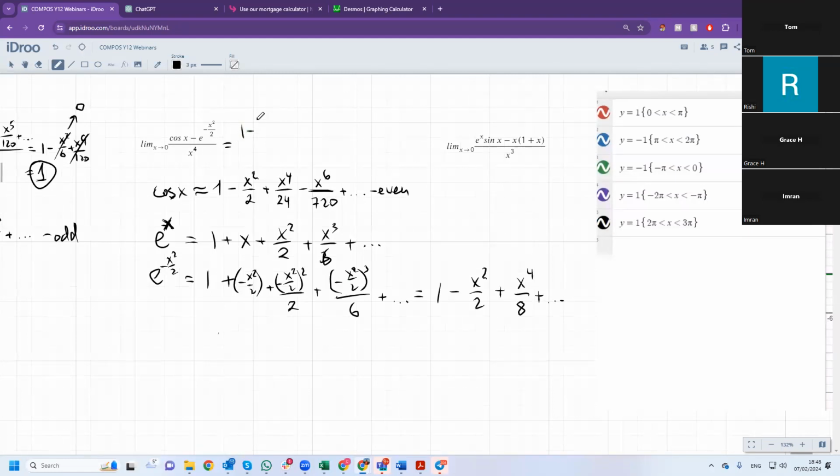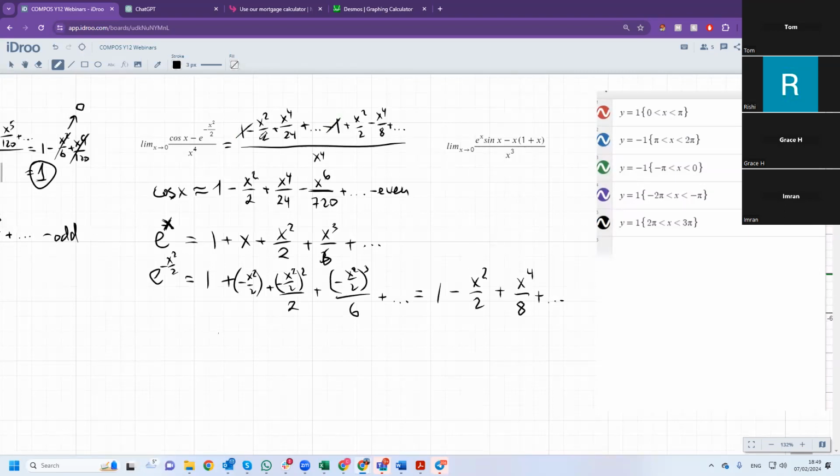So it's going to be 1 minus x squared over 2 plus x to the power 4 over 24 plus etc. Minus 1 plus x squared over 2 minus x to the power 4 over 8 plus etc., divided by x to the power 4.